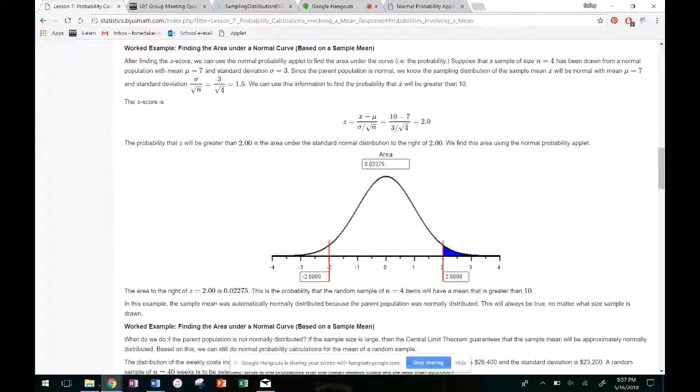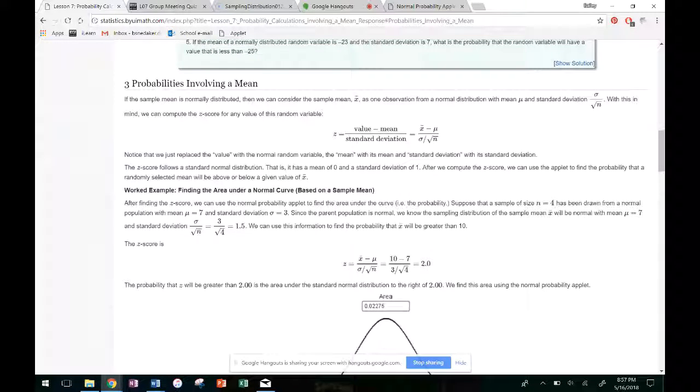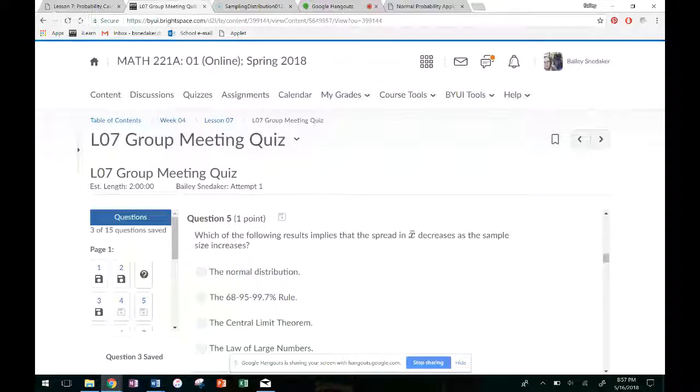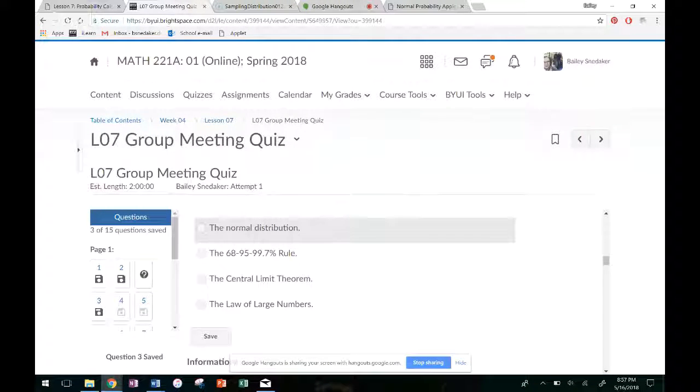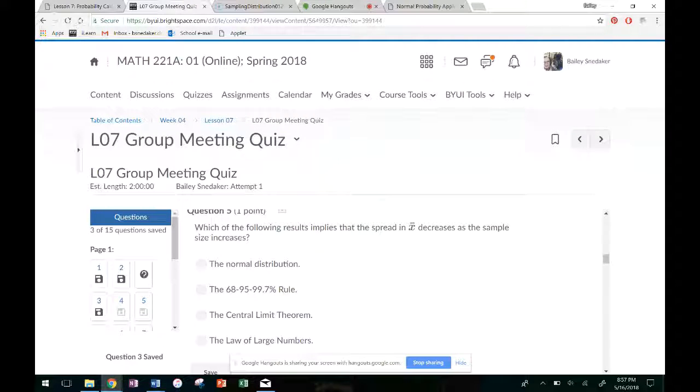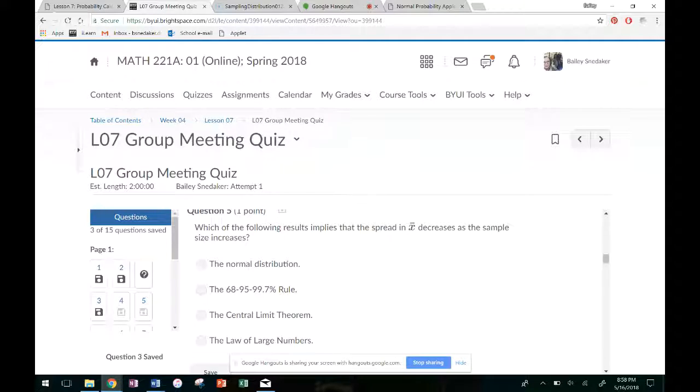Okay. It could be that first one. It implies that the spread... Yeah, that could be it too. Why is it that the spread decreases?